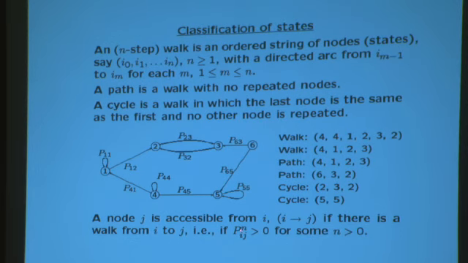Which means that P sub ij to the n, this is the transition probability, the probability that x sub n is equal to j, given that x sub 0 is equal to i, and we use this all the time, is greater than 0 for some n greater than 0. In other words, j is accessible from i if there's a path from i that goes to j.